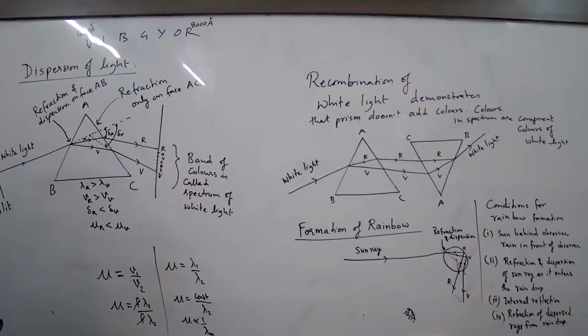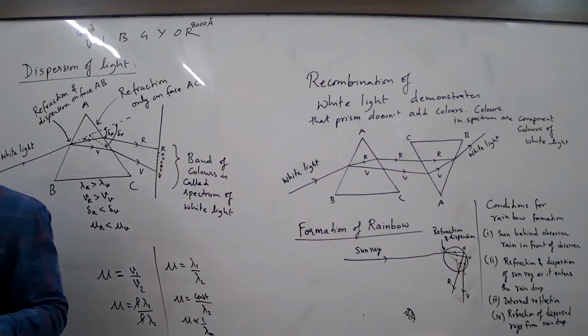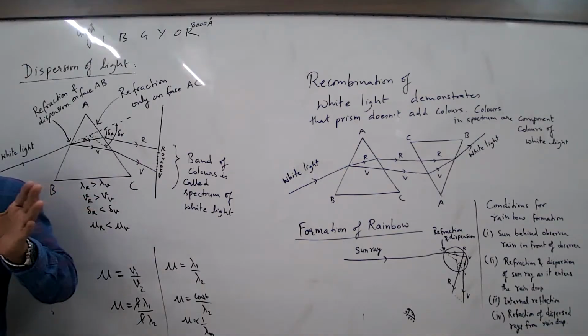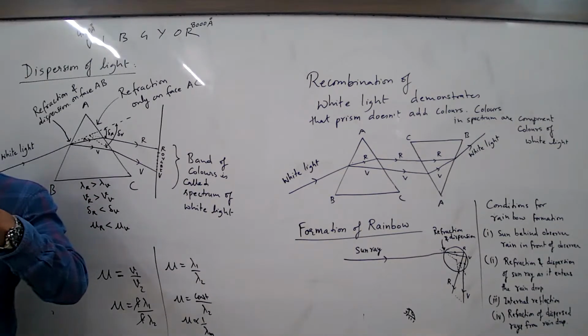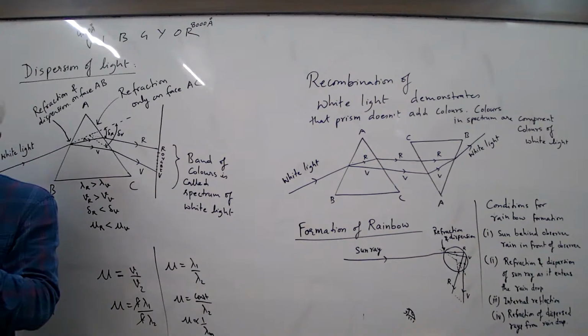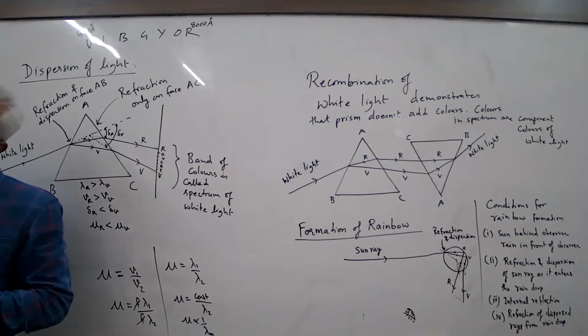So its position shifts. But the atmosphere itself is a dynamic medium. It is not fixed like a prism or glass. Due to difference in temperature, the density of the atmospheric air at different layers changes. It's not fixed in time, it varies. And therefore the position of the star shifts up and down.